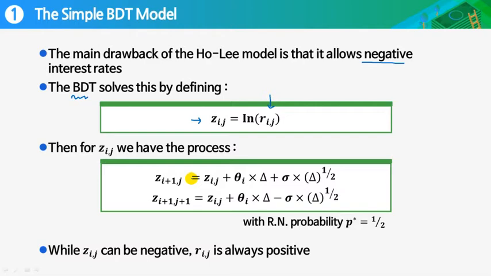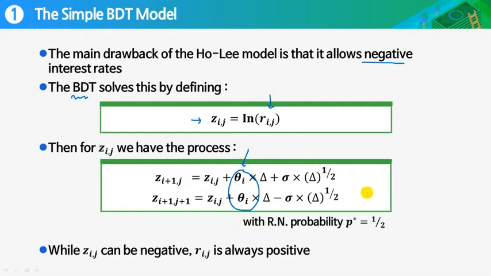Since we fix the risk neutral probability at 50%, we have to calibrate this theta part to match our model bond price and the market bond price. This part is exactly the same as the Ho-Lee model.